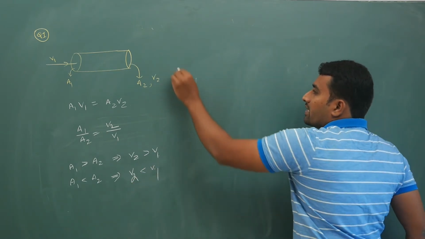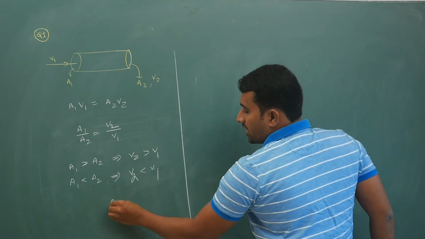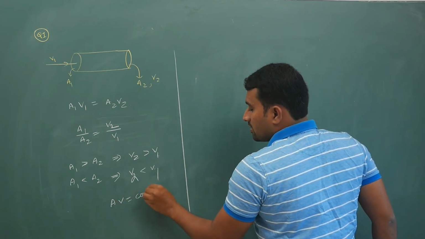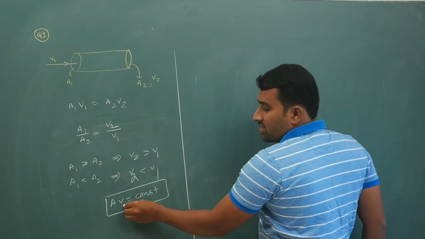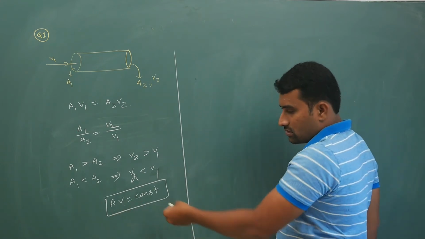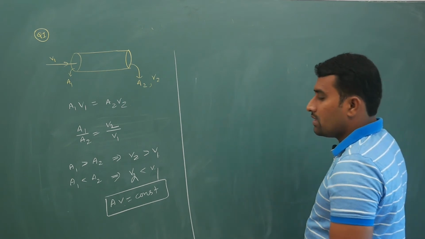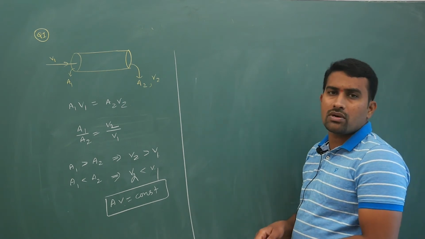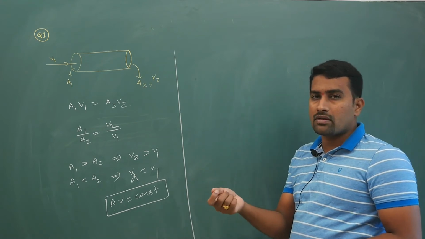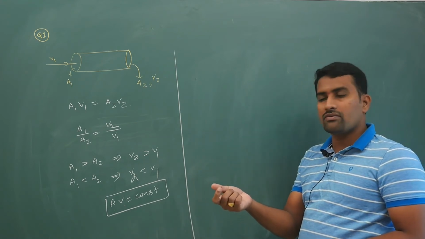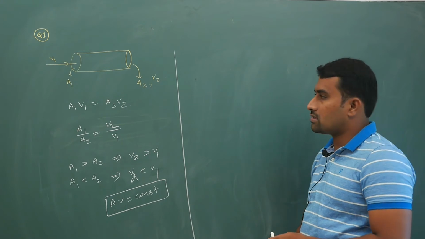Because A into V is supposed to be constant, if you decrease A, V will increase. This is the principle we will use. That is why we press the end where the water is coming out, so that it comes out fast.